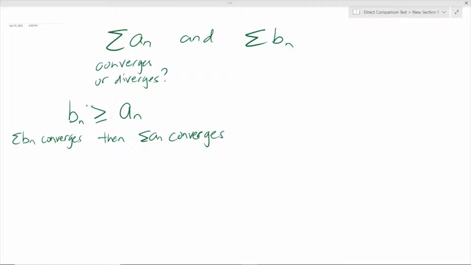And that is if BN is greater than or equal to AN.